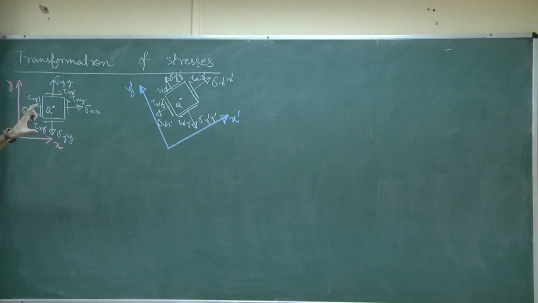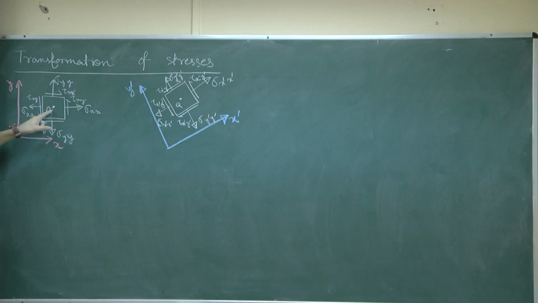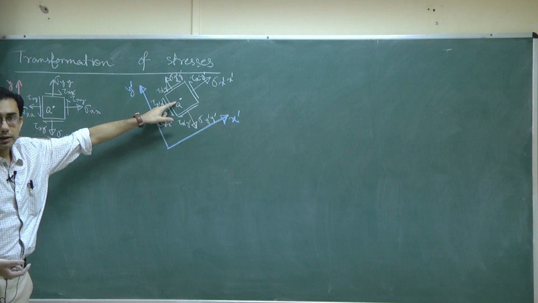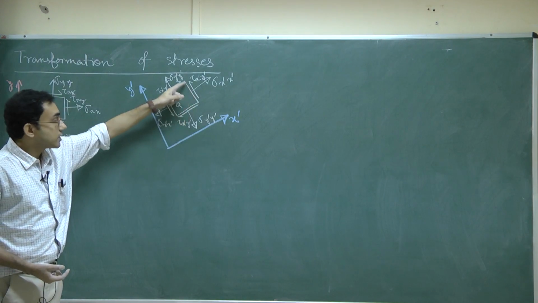Basically, we would be considering the static equilibrium of a shape which is centered around this point Q. So, when we were considering the question of establishing the relationship between tau xy and tau yx, we considered this particular stress element because the entire story was devoted to this picture. Here, however, the story is sort of trying to establish a bridge between this one and this one. This point Q is the same point Q here. It is only that this edge is vertical here, whereas this edge is oblique here.